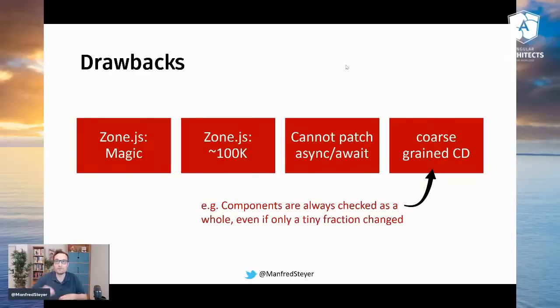And so it needs to find its way through all the components marked as dirty, to the component that actually has been changed. This is rather coarse-grained, at least for nowadays frameworks.